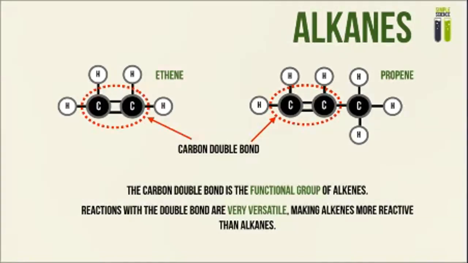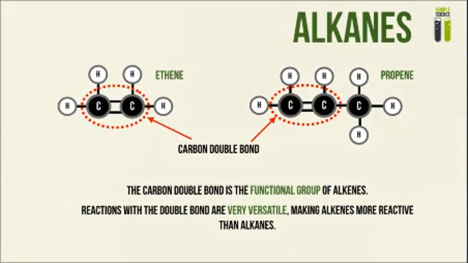And the double bond allows for very, very many types of reactions to take place, which we're going to look at later. So this, as a result, makes the alkenes more prone to reactions and therefore generally more reactive than alkanes.